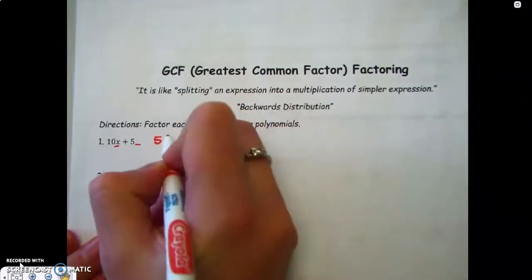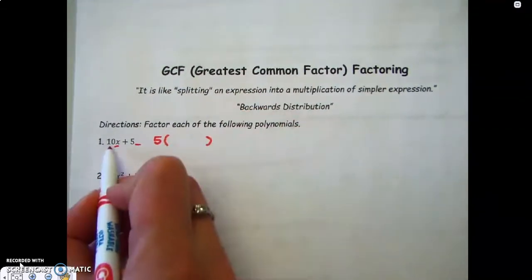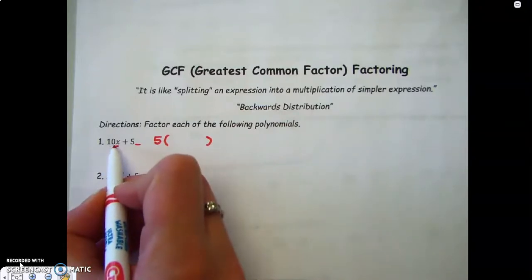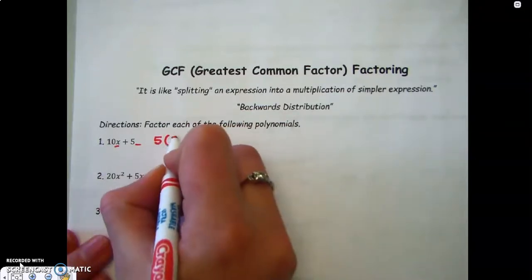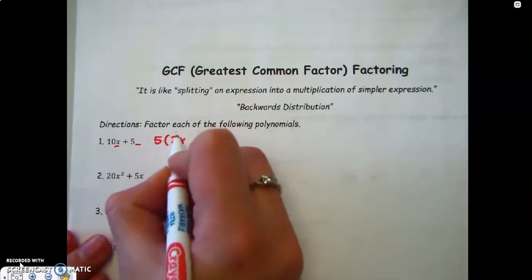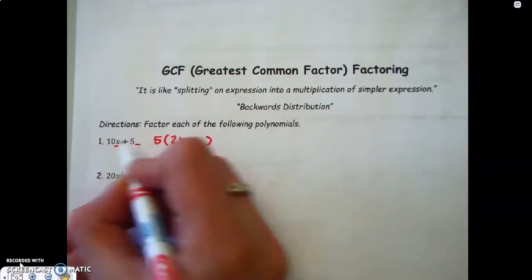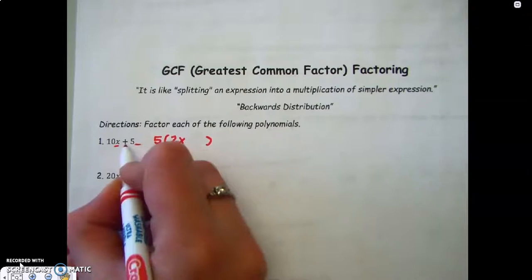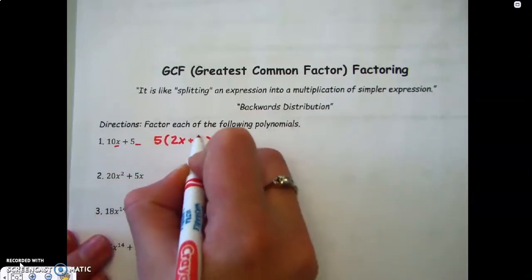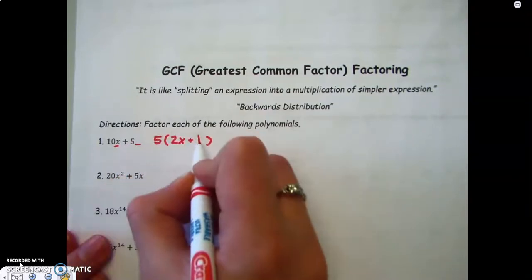When I do that, I'm really looking for what's left. If I take a 5 out of 10x, I'm left with 2x, because 5 times 2x is 10x. And if I take a 5 out of 5, I'm left with 1, because 5 divided by 5 is 1.